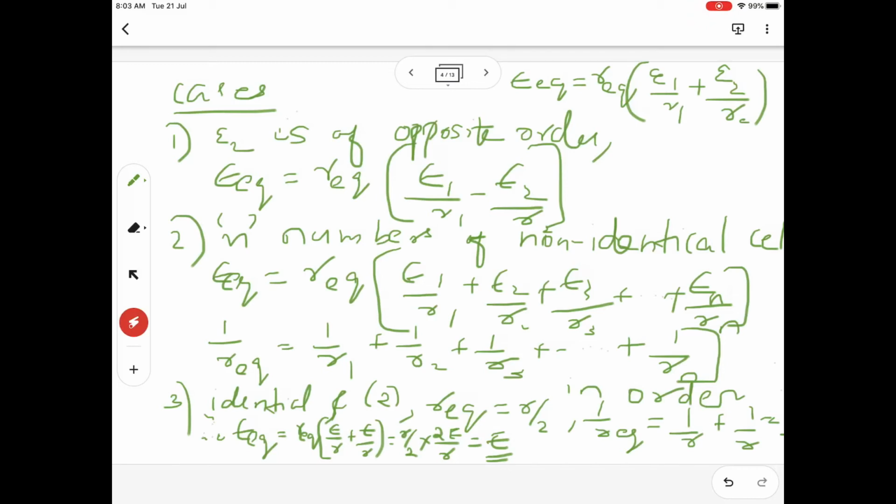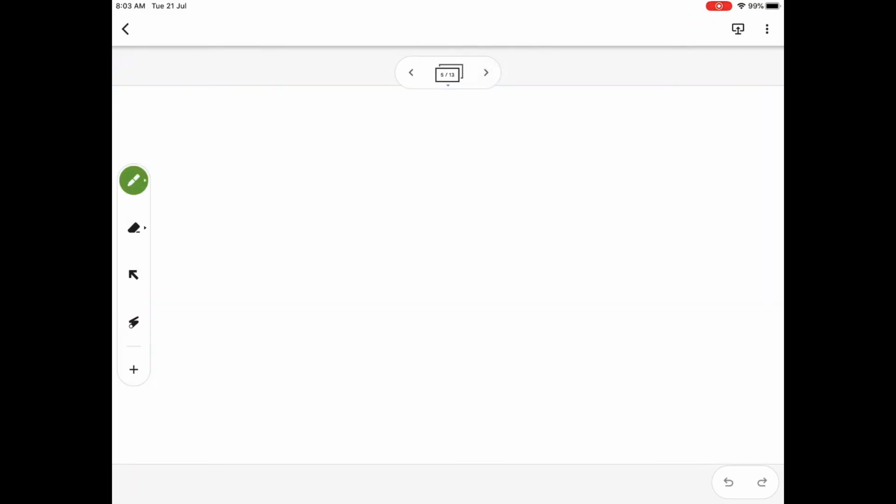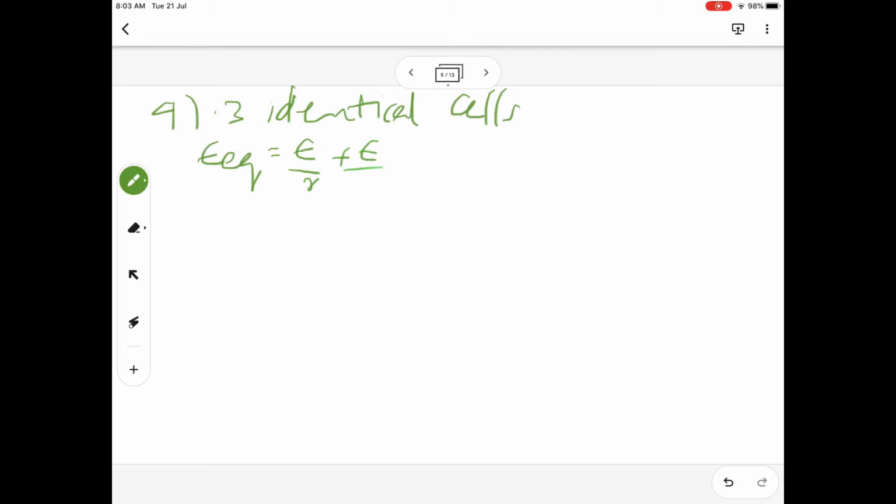If you have three identical cells in parallel, E equivalent will be E itself and R equivalent will be R by 3. Let's see that. For three identical cells, E equivalent will be (E by R plus E by R plus E by R) times R equivalent.